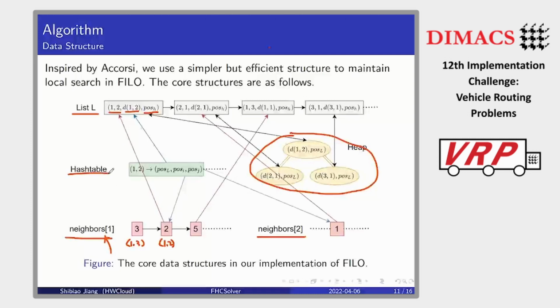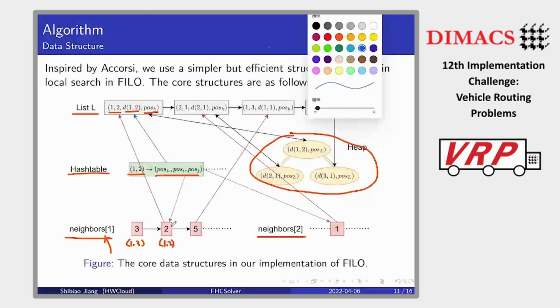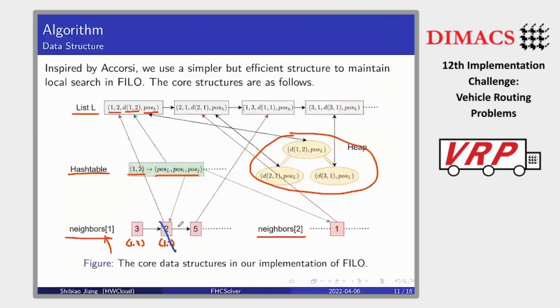And finally, there is a hash table. The key of the hash table is each pair, and the value is all the positions where they appear. So, how do we use this hash table and the other data structures? For example, if we want to shrink the neighborhood of customer 1, like if we want to remove the pair 1, 2, we will first find the value in the hash table.